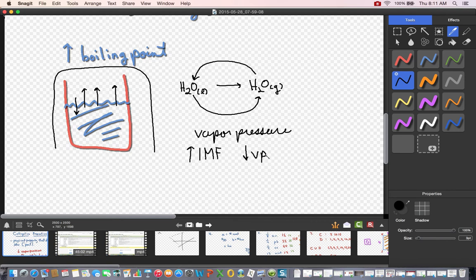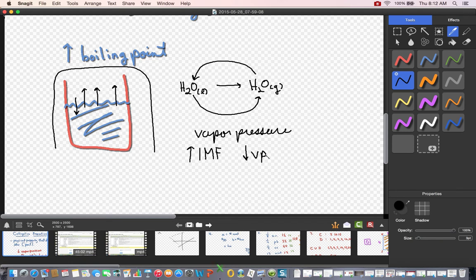Think of it this way. The molecules interact more strongly with one another, therefore not as many of them will have enough kinetic energy at the interface to go from the liquid phase to the gaseous phase. So we see that there's an inverse relationship between IMF and vapor pressure. Now, how is vapor pressure related to boiling point?